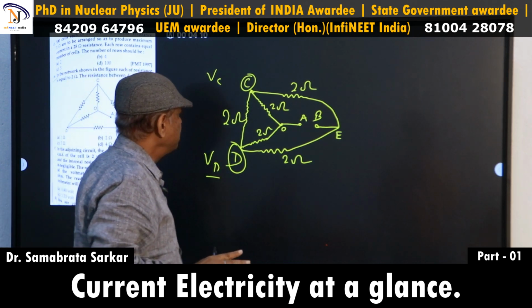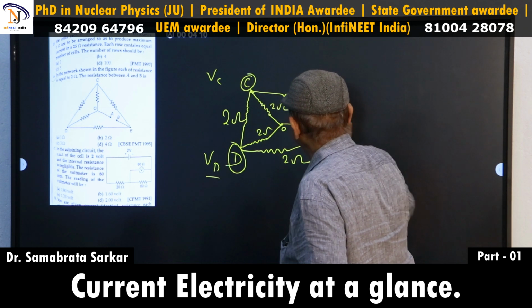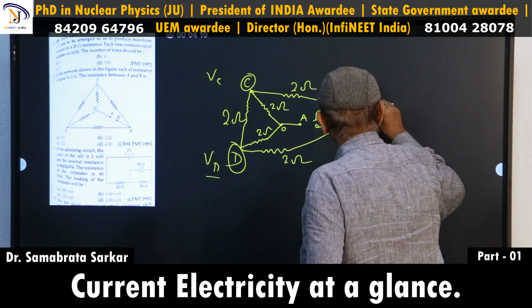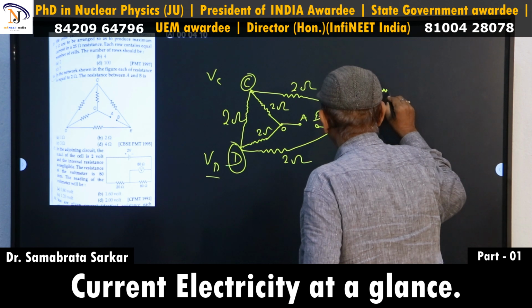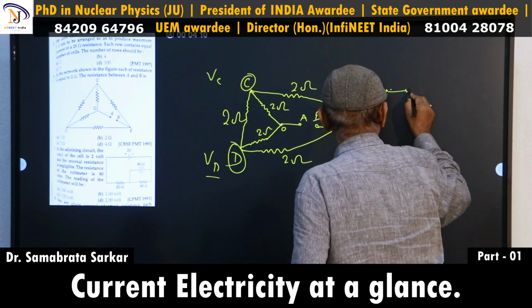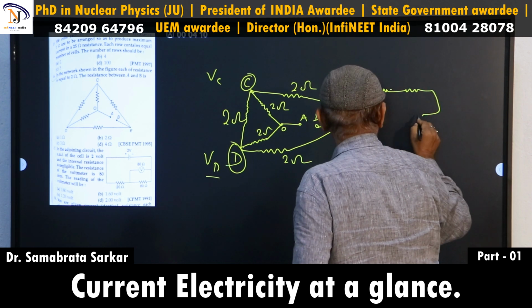Then what can I say? The current that comes from here will go in this way. The current from O will go in that way, and then it will enter here.